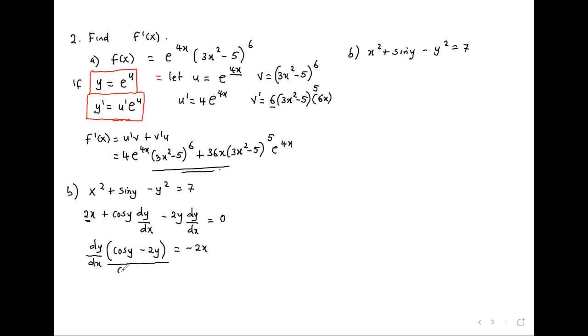And then divide by cos y minus 2y. So we cut this. So we have dy dx is equal to negative 2x over cos y minus 2y. Any questions?